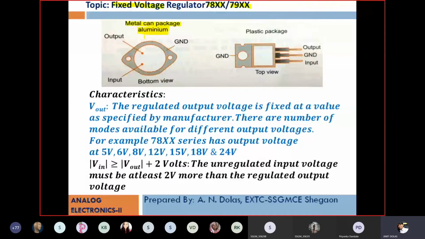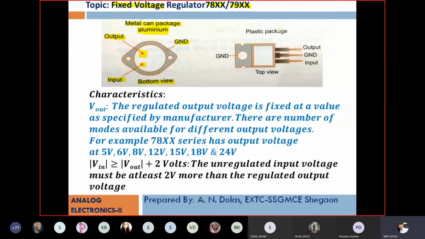It has a power transistor like structure, wherein this is the bottom view of the IC, where the body is the ground. If I see the bottom view in this way, the top terminal is the output, and the bottom terminal is the input.